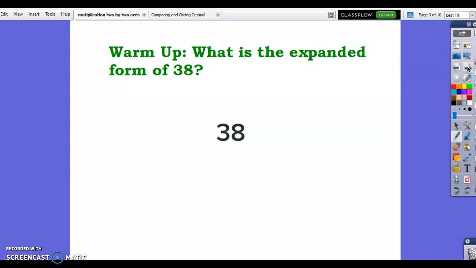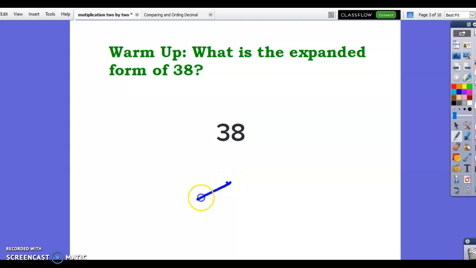Okay, so here's a little warm-up. I want you to think to yourself, what is the expanded form of 38? What are the values of each one of those digits? So don't write anything down here. You just need to wait just a second. So then you're thinking on yours.